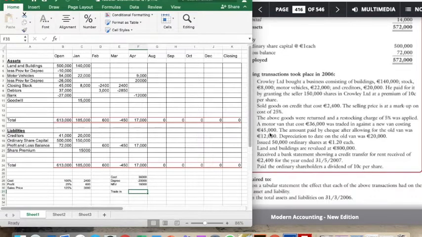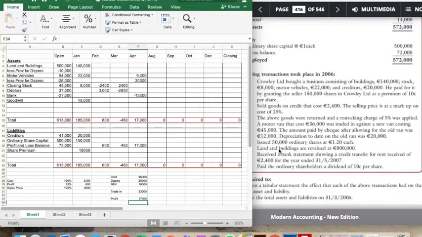So the trade-in must have been 45 minus the 12 grand. So they gave us 33 grand of a trade-in against something that was worth 16. So therefore we made a profit. We got more than it was worth. So we made a profit of 17 grand. So that's where that number came from.